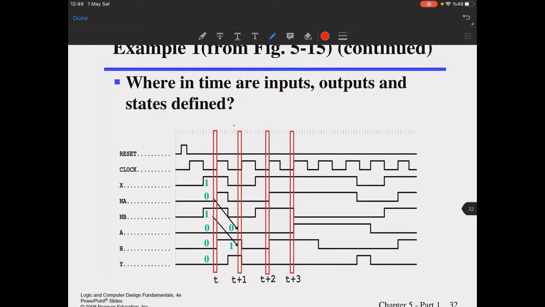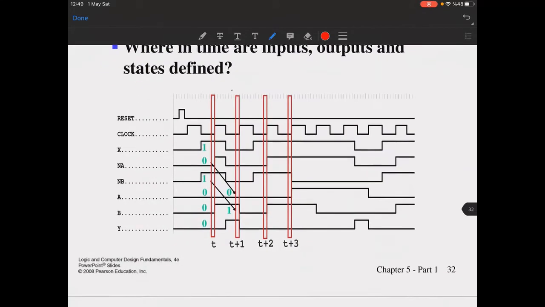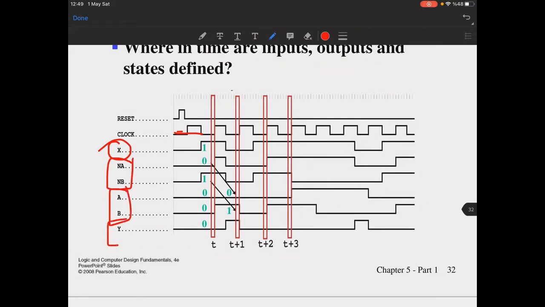So when you put this in a computer-aided simulation tool, you send your clock signal here, you provide your inputs, next state functions for A and B, and your current states, and this is your output. With each pulse of the clock, our states and outputs are updated at the rising edges of the clock.